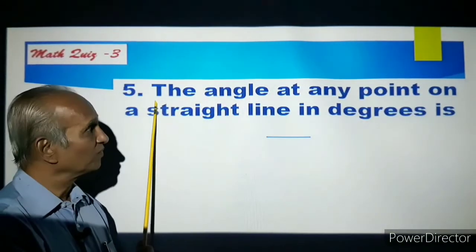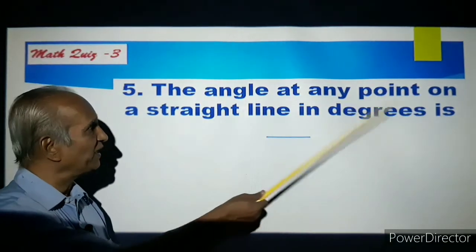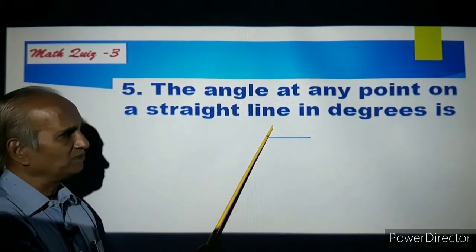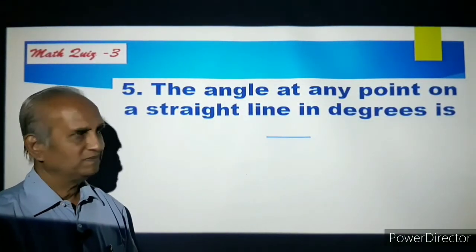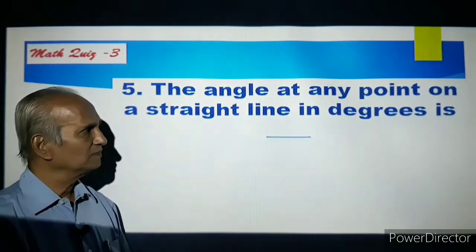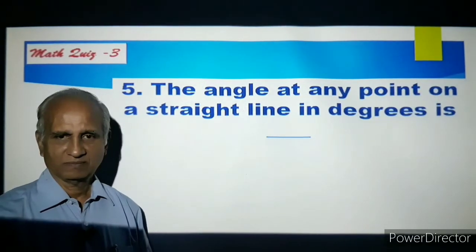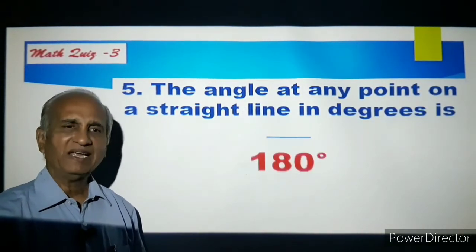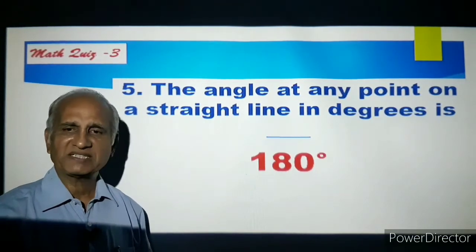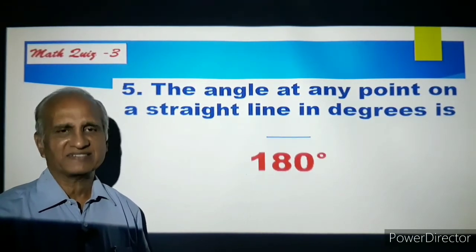Fifth question. The angle at any point on a straight line in degrees is, we always say a straight line always measures 180 degrees.